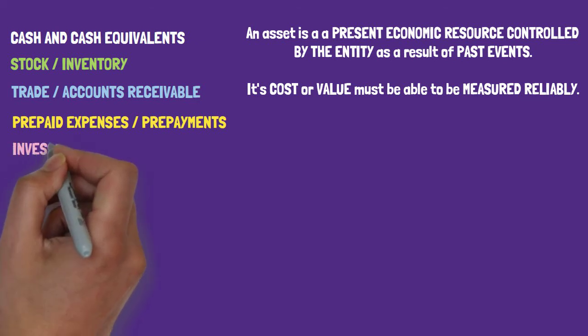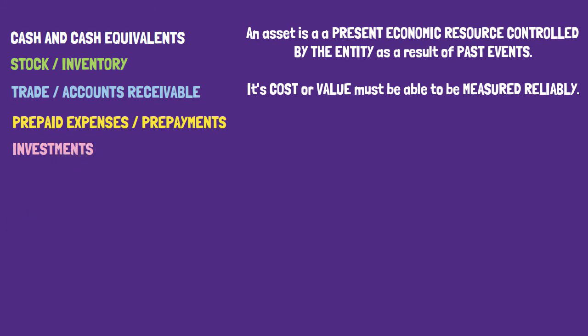Then let's move on to investments. Now these can be investments in the stock market. These can be investments in your own companies, subsidiaries, or associates. These cover a wide range of things, but essentially these are shares or holdings in companies that you have, and they are yours to use as you wish.